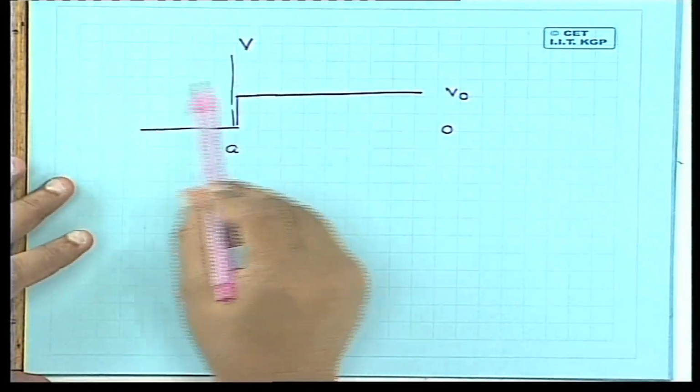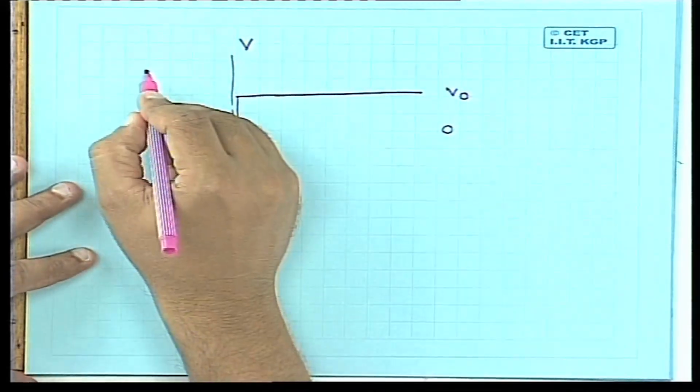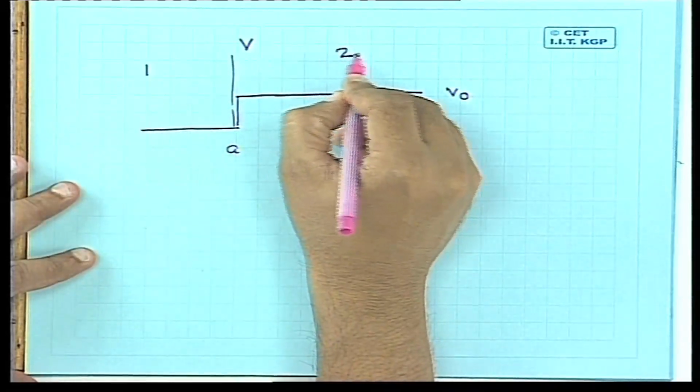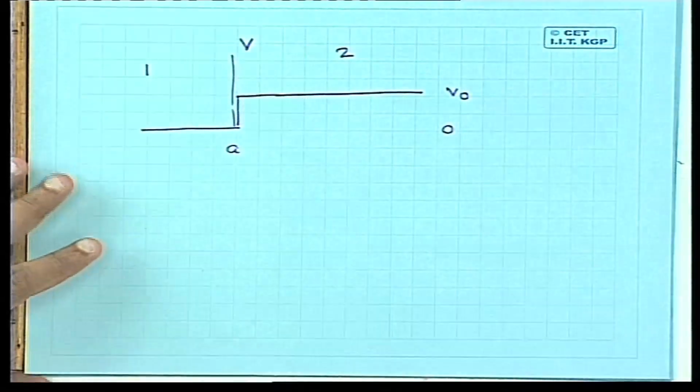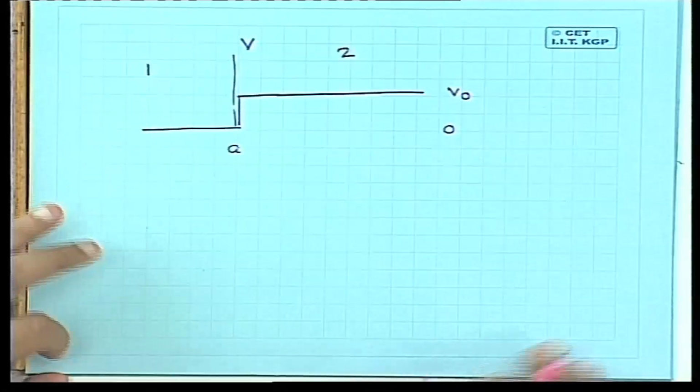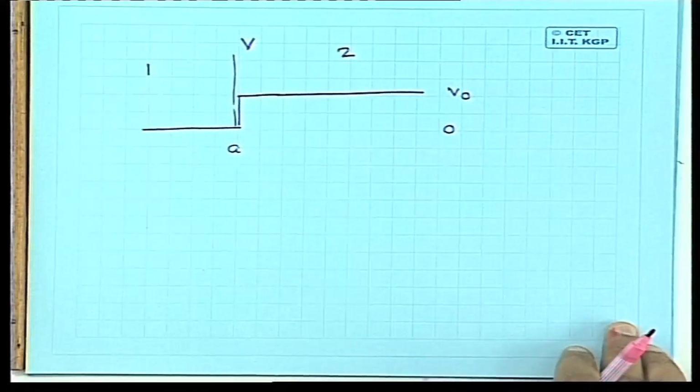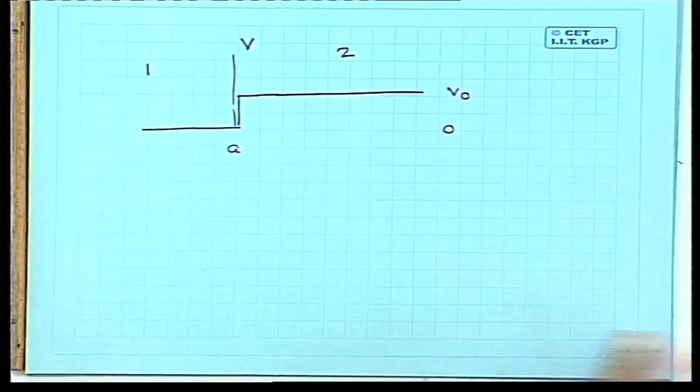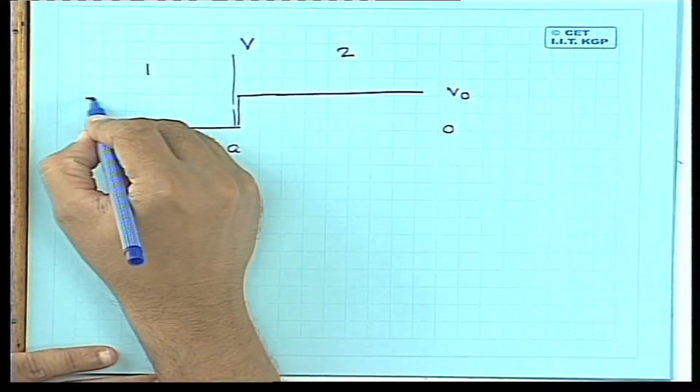And we have seen that we can match the boundary conditions and relate the coefficients of the wave function on these two sides. Now, we want to consider a physical situation where you are sending particles from this side.